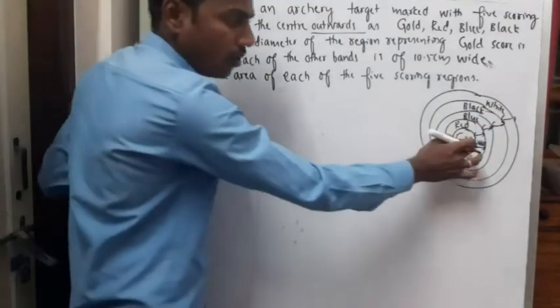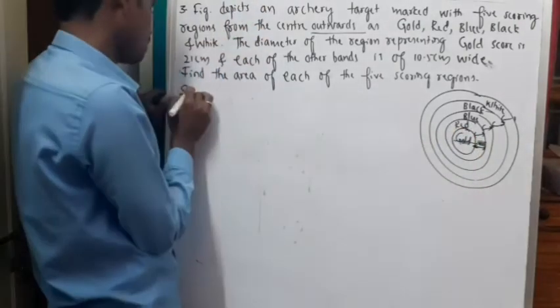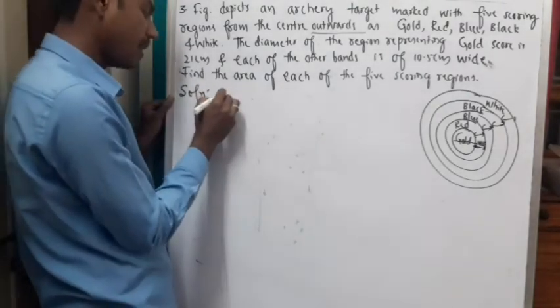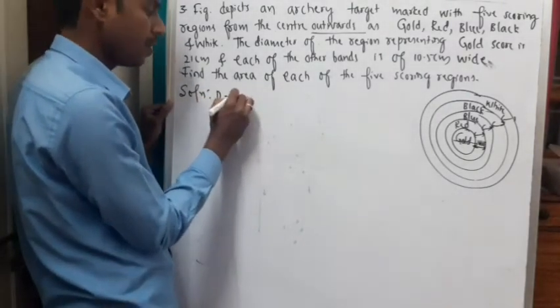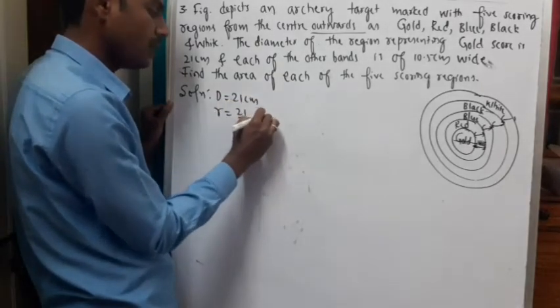So if I want to find the area of the gold, first I will consider this. Solution: to find the area of the gold, what is R1, what is D? D is given, that is 21 centimeter. Then R is equal to 21 by 2 centimeter.